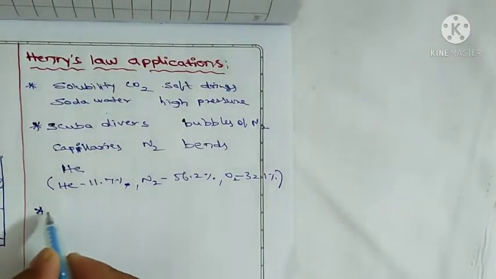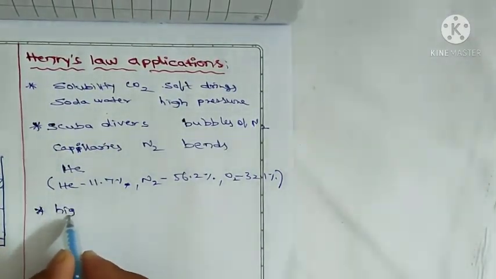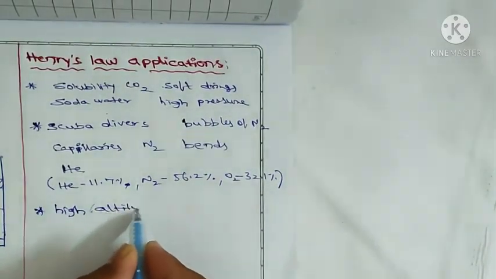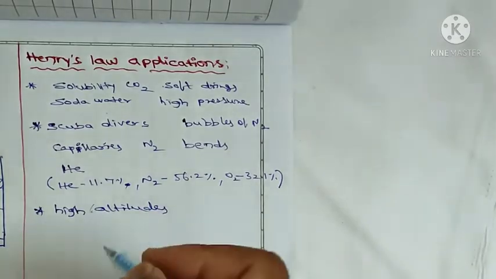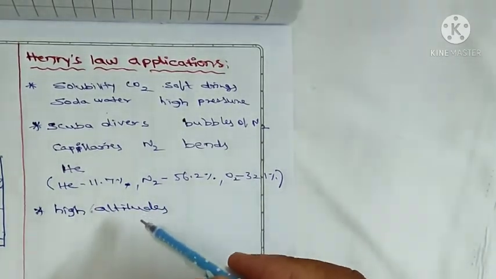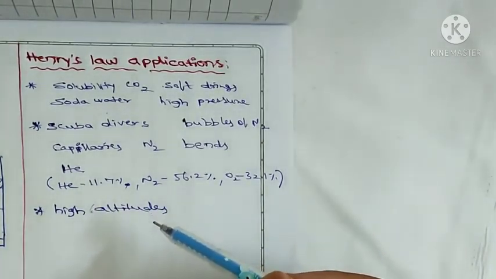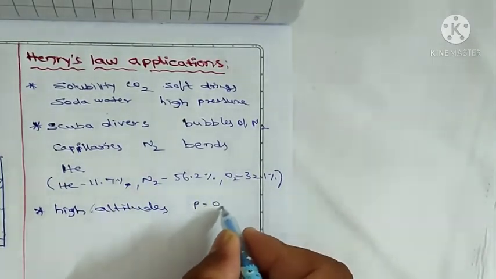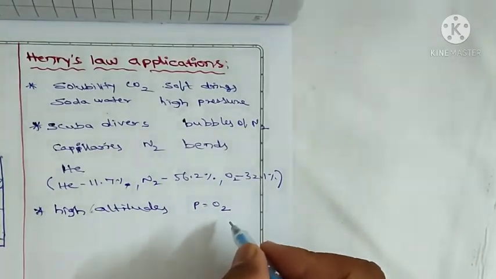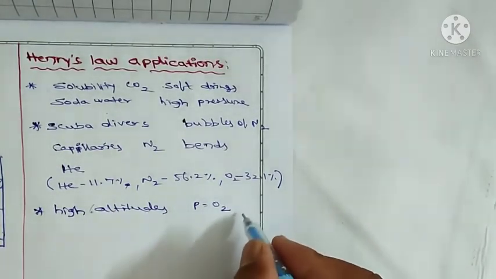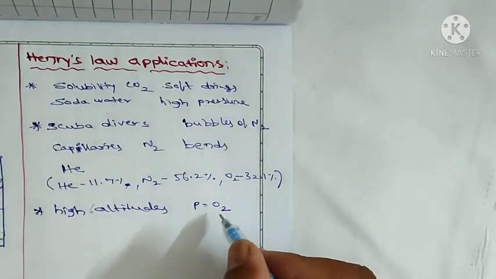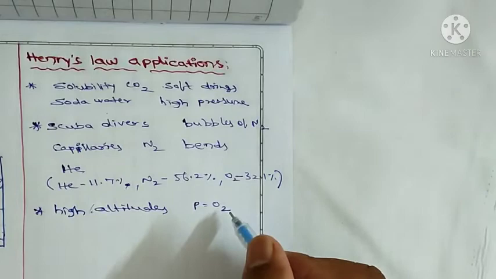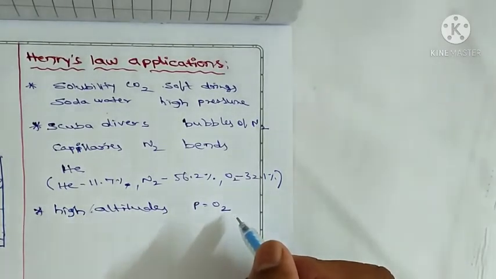And at high altitude, meaning hill stations, the partial pressure of O2 is less than that at the ground level. So there is a lower percentage of O2 when we compare with the O2 at ground level.